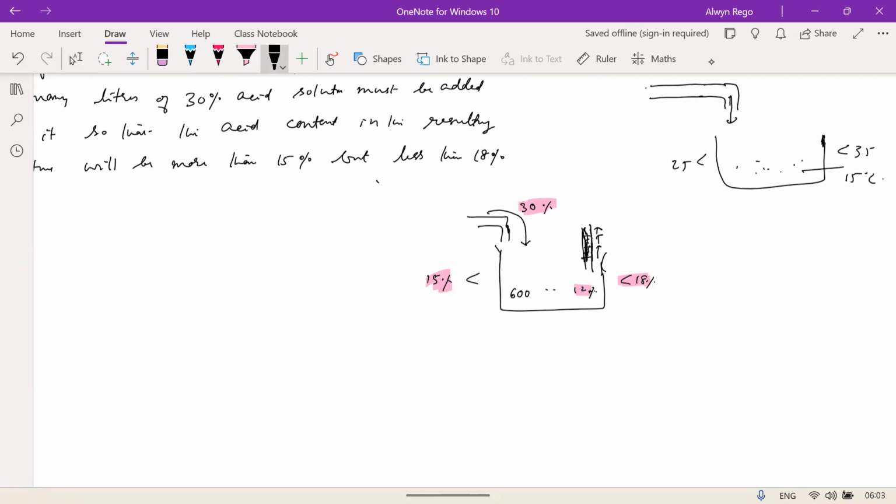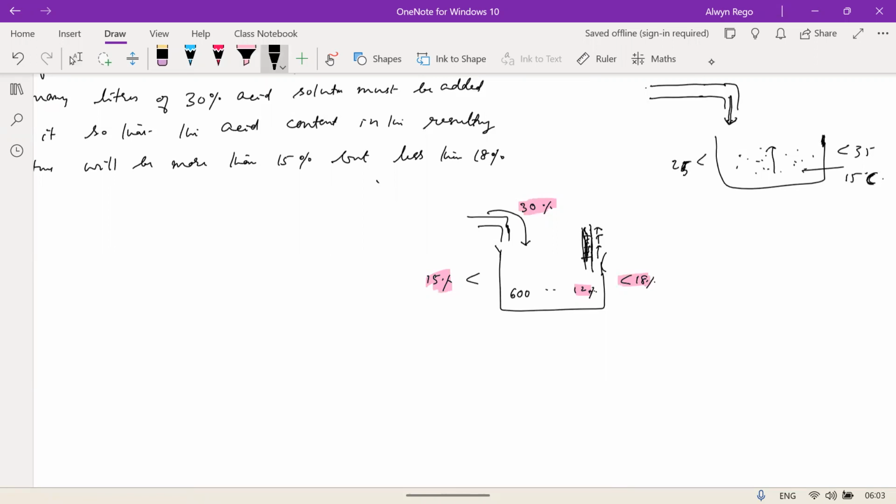It makes sense: if you keep on adding the hot water and keep on mixing, the 15 degrees Celsius cold water will become warmer and warmer, hotter and hotter, so the temperature would rise between 15 and 35.